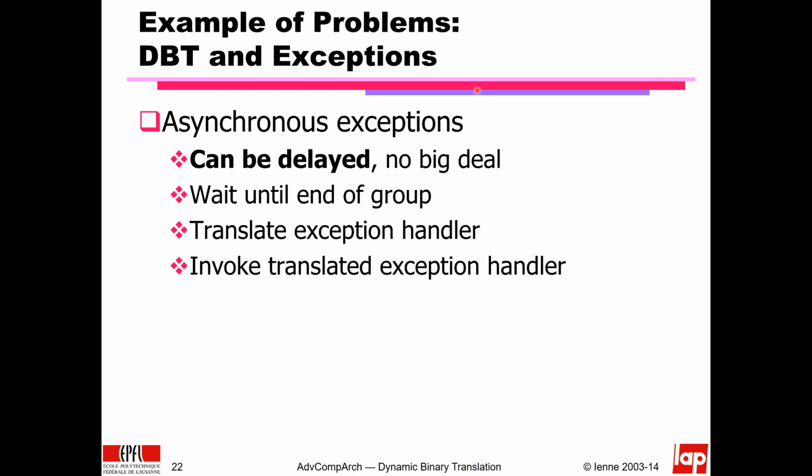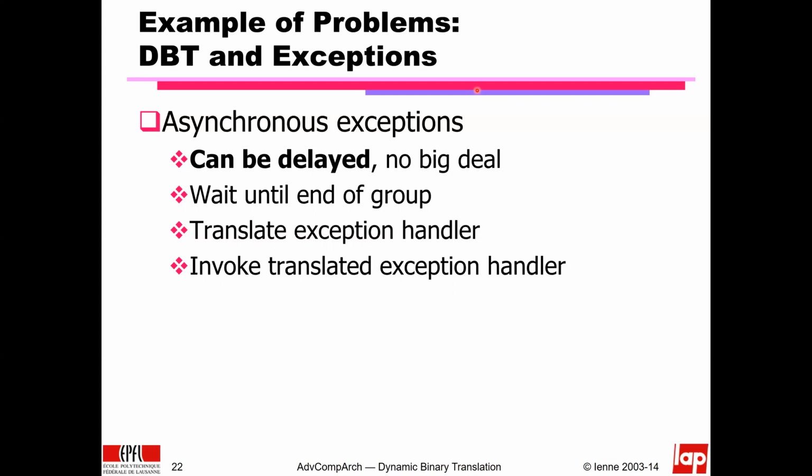It's really not a big issue. Essentially, I can delay it until the end of the group and then do an emulation, not even necessarily in translation like the slide says. I can even go to emulation for the exception handler and jump there, invoking it as soon as it is comfortable for me.